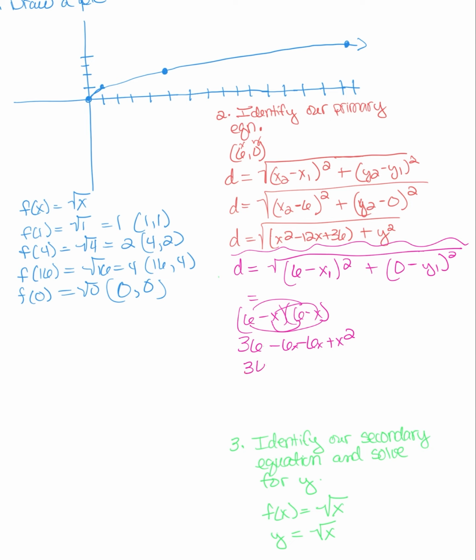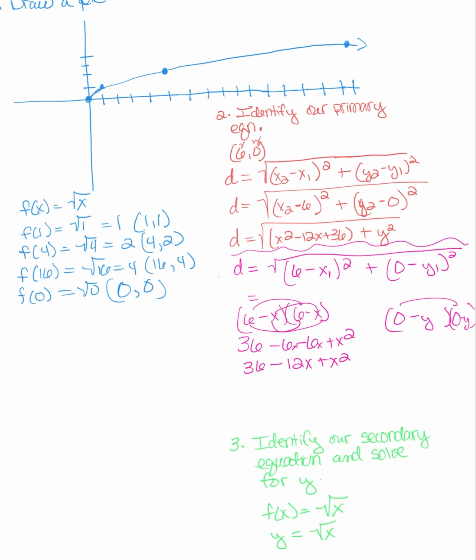Okay, so we just get it backwards. We get 36 minus 12x plus x squared. And if you see, that's the very same thing as this. It's just in a different form. The 36 and the x squared have been swapped. And then we'll see the same thing over here with 0 minus y1 and 0 minus y, whatever. We'll call it y, not y1.